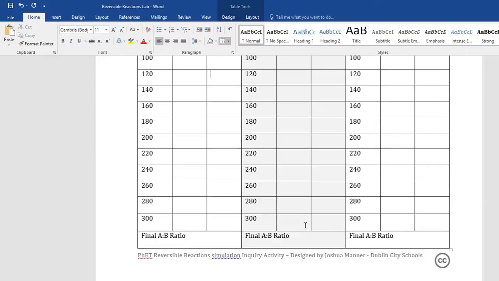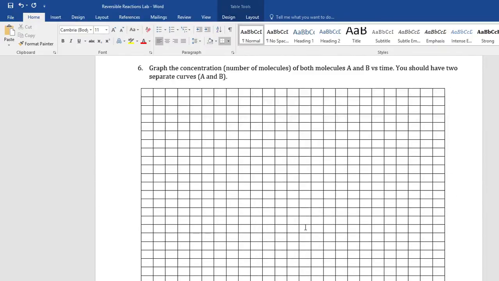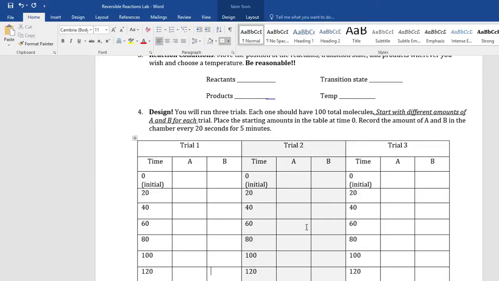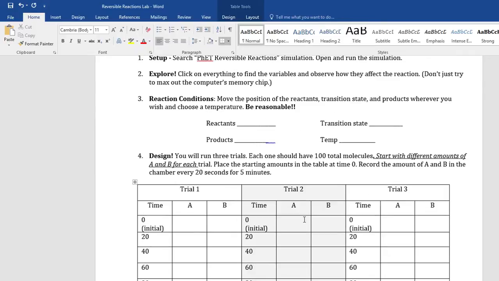Now, the question we are looking to answer is, for a known chemical reaction, one with known energy levels of the transition state, a set temperature, and known starting products, what seems to be affecting this reaction? Is the reaction going to favor one of the products or the reactants? Is it going to be pretty equal, or is it pretty random?